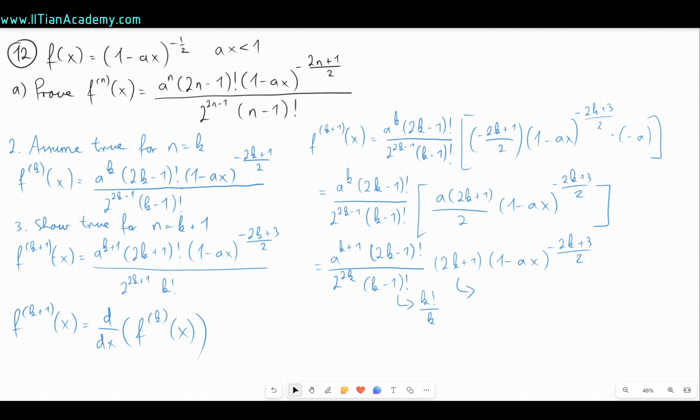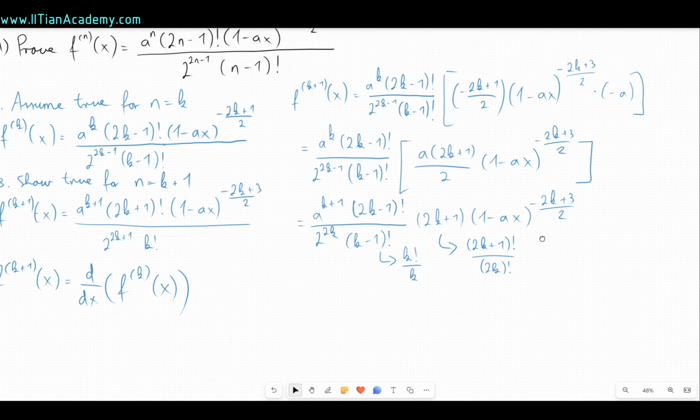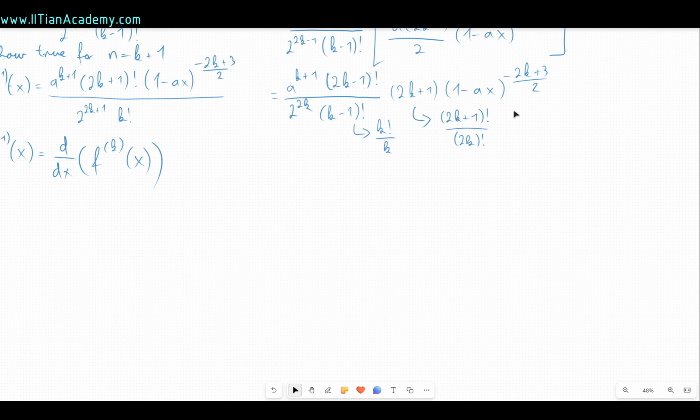And the same with 2k plus 1, we can write 2k plus 1 factorial over 2k factorial. Again, same thing. This will be 2k plus 1 times 2k factorial. The 2k factorials cancel out, and so we're just left with the 2k plus 1. So I'll scroll down a little bit here so that we have a bit more space.